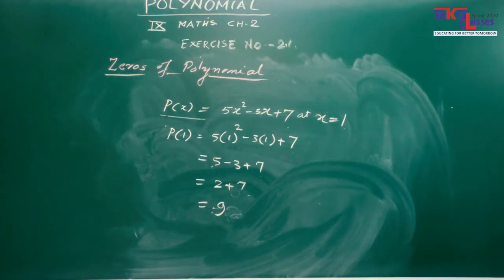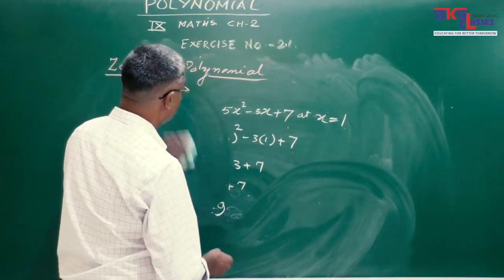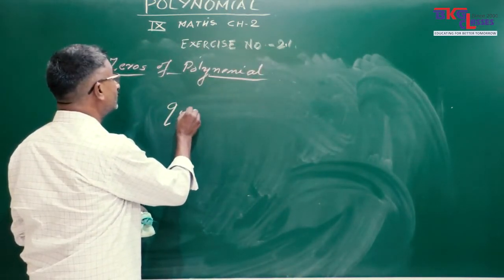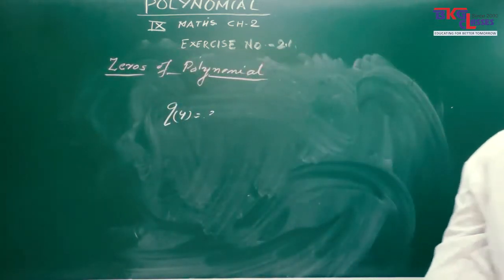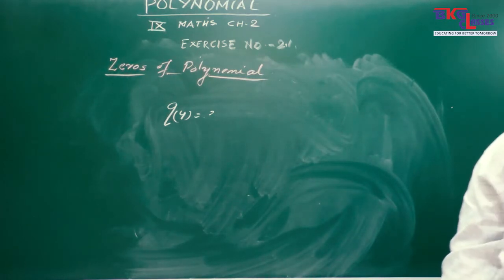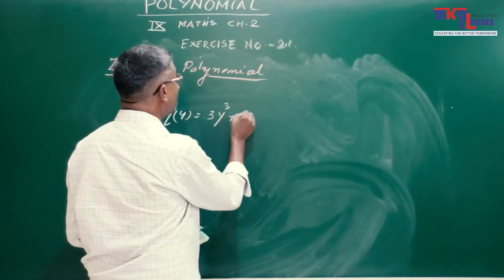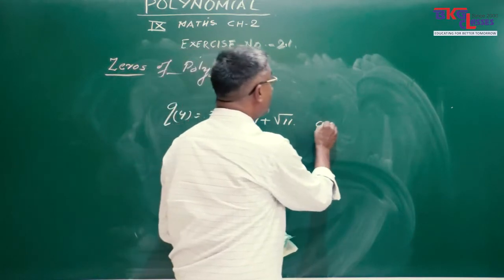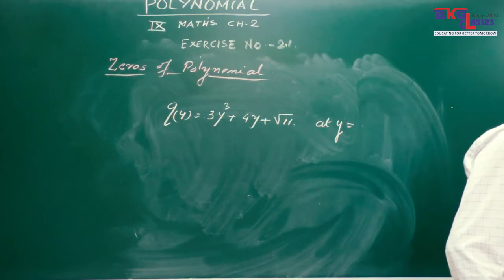Second is q(y) = 3y³ − 4y + √11 at y = 2.